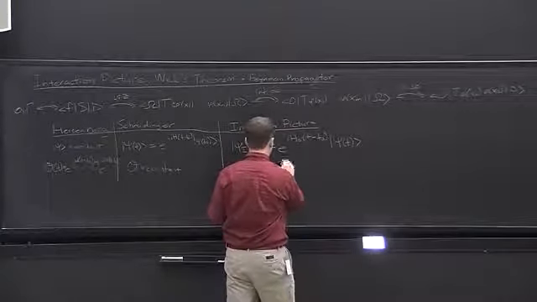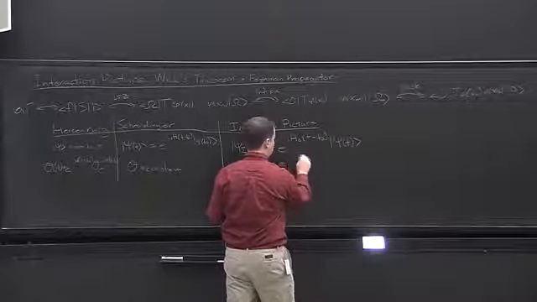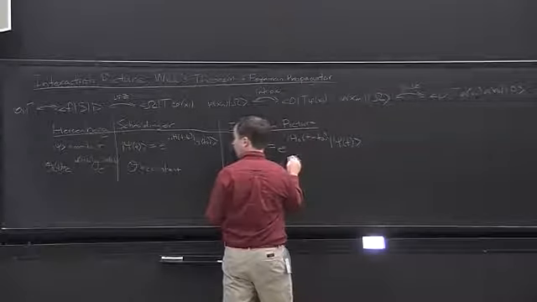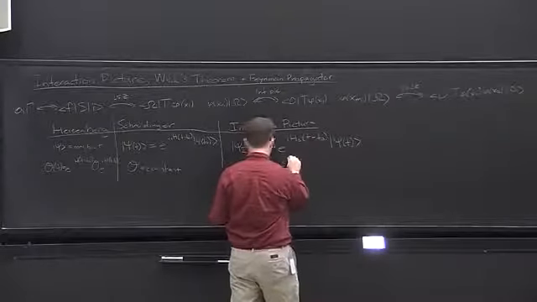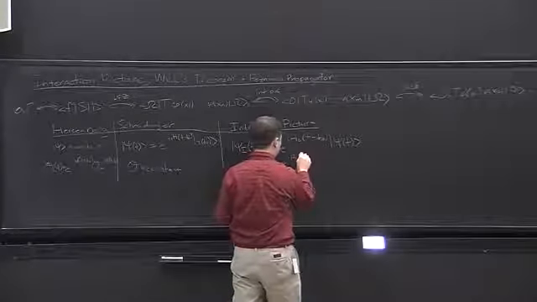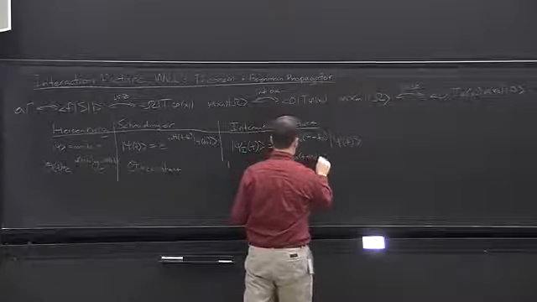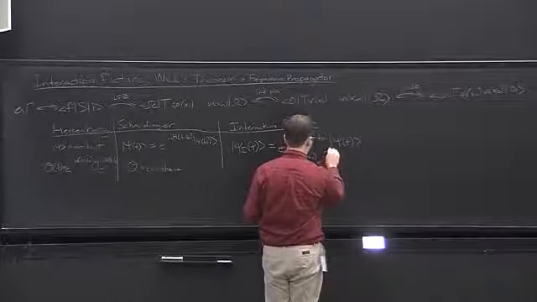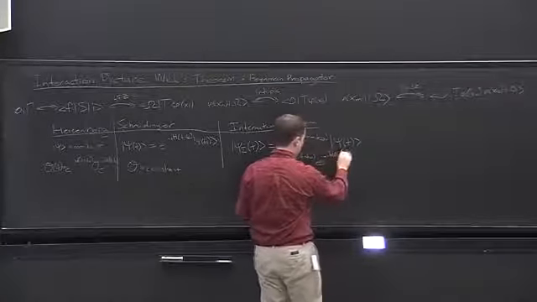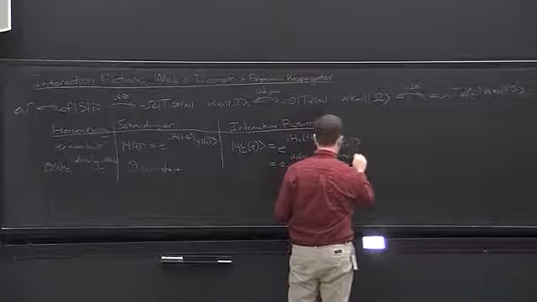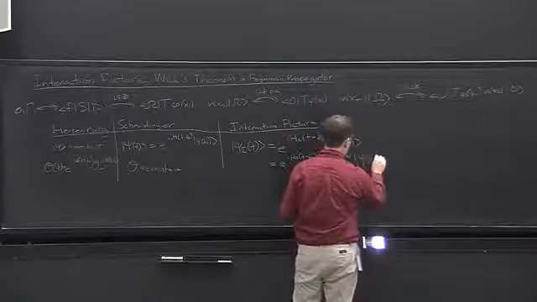or we can write them in terms of Heisenberg picture states as e to the i H naught (t minus t naught), e to the minus i H (t minus t naught), and psi at t naught.